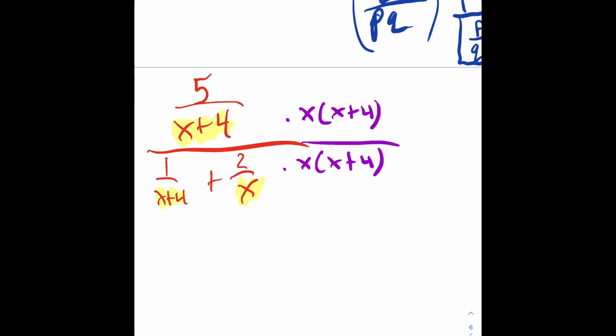So as we do that and we start to simplify, I'm going to end up getting 5x and then x plus 4.